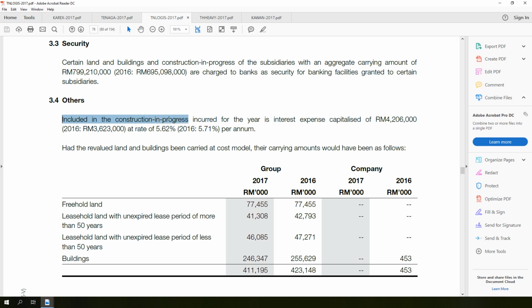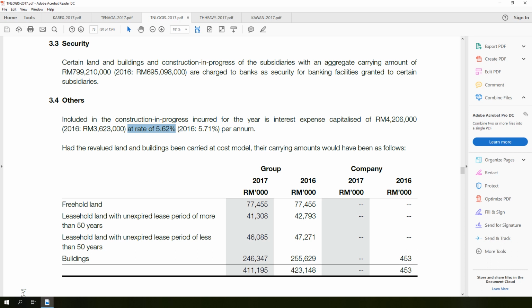Included in the construction in progress incurred for the year is interest capitalized of 4.2 million at a rate of 5.62%. Accounting wise, it is exactly the same as Tenaga and Karex, so I won't repeat it here.